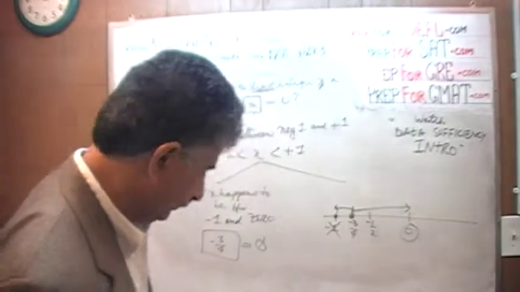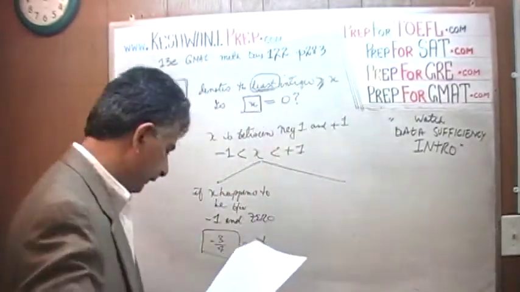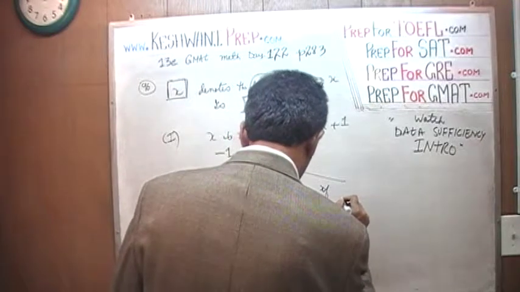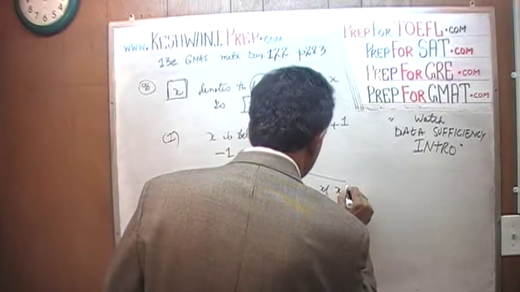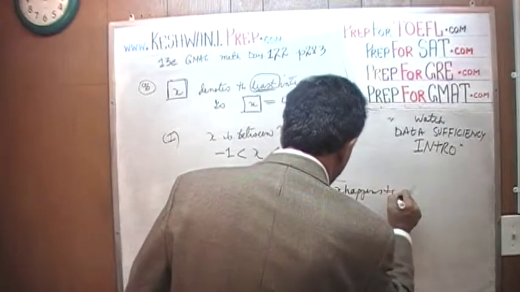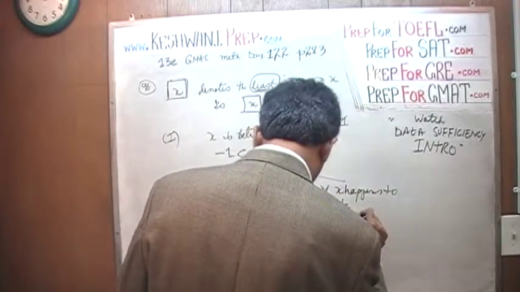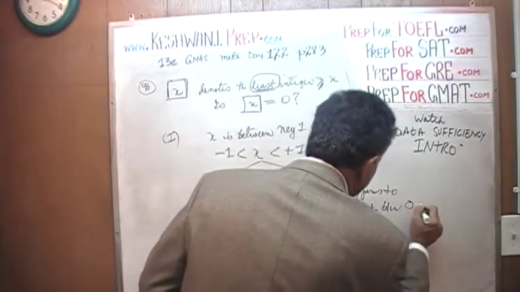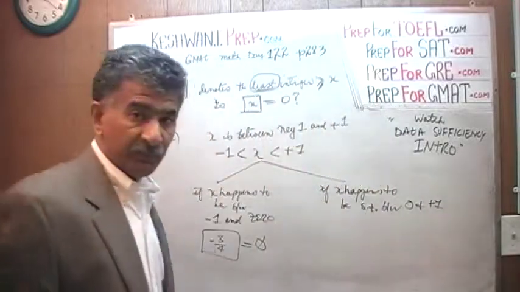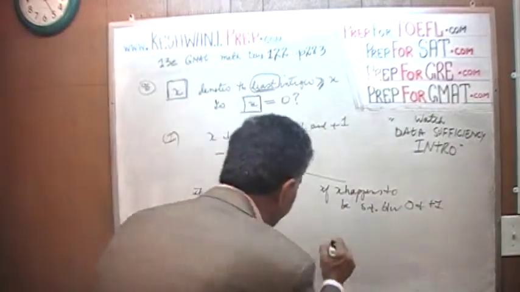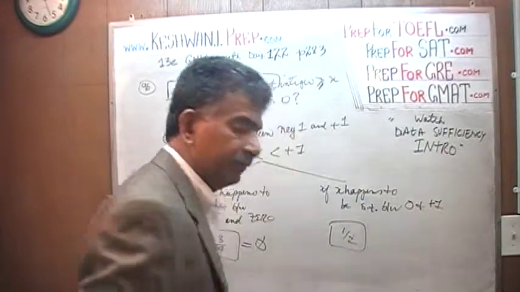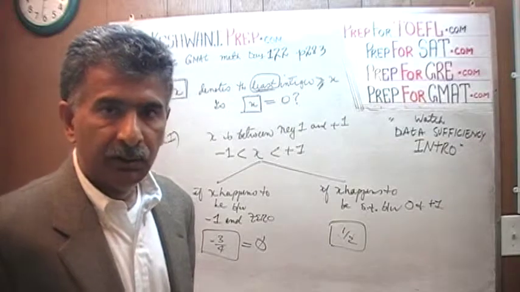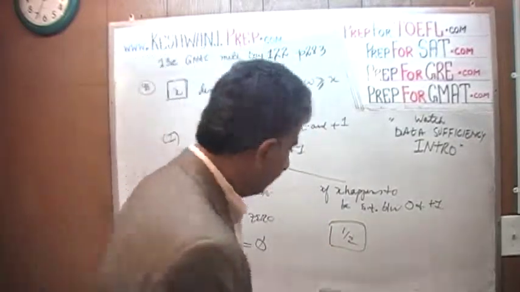Let's do one more. If x happens to be something between 0 and +1, say for example 1/2, then the closest whole number that we can find, which is greater than 1/2, is 1.